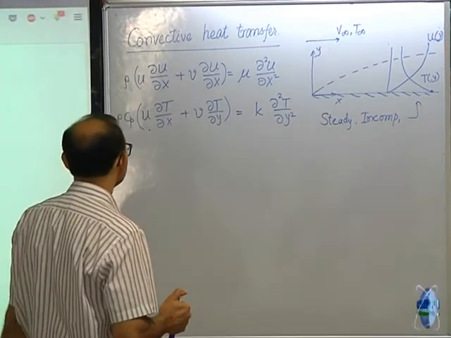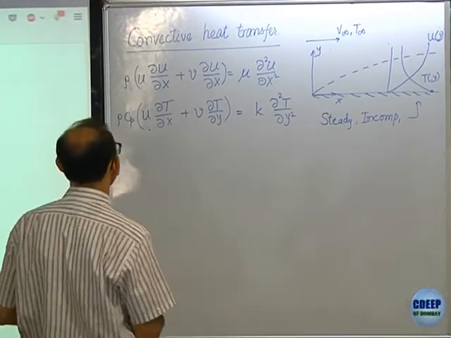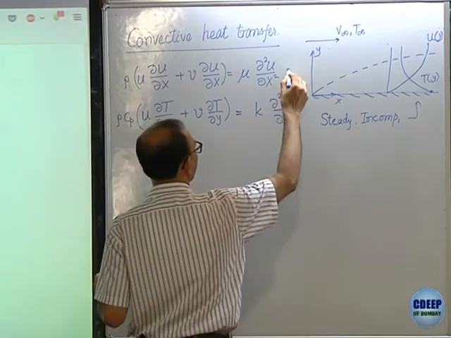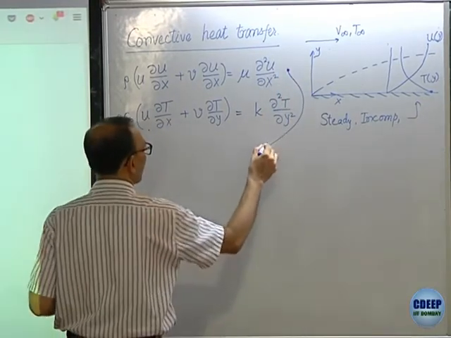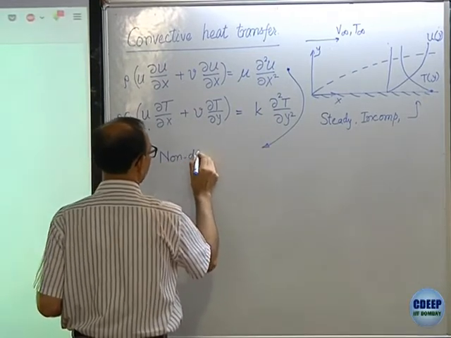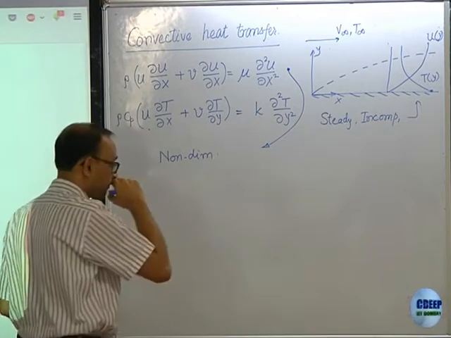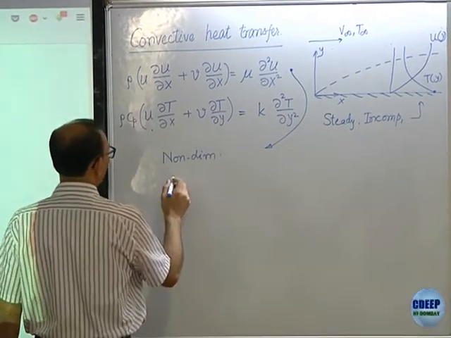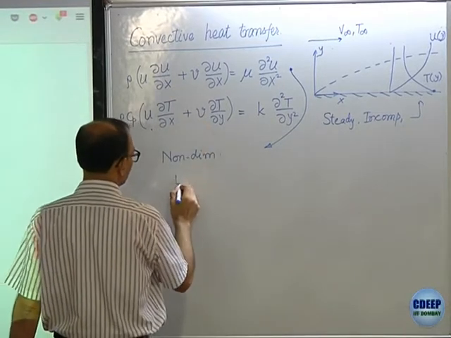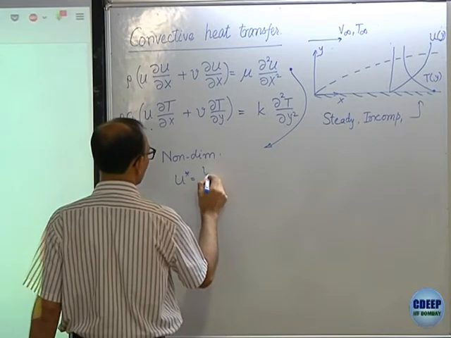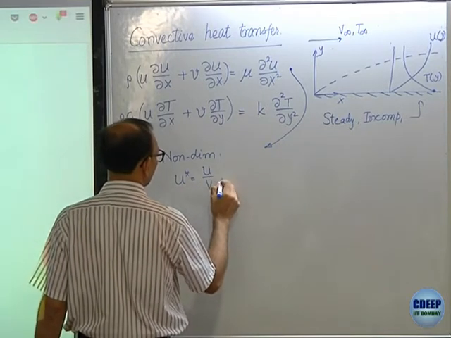Okay, let's go back to the first equation and recall what we did last time. We worked with non-dimensional equations, non-dimensional variables. u star equal to u by V infinity, and so on.